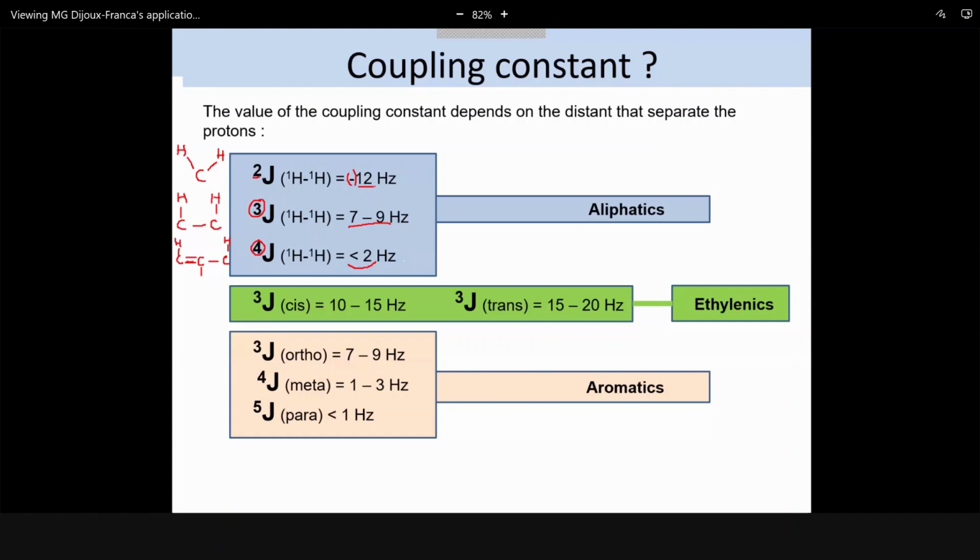Okay. In an ethylenic molecule, you have two cases because you have two stereochemistries in a double bond. You can have a double bond in trans configuration or in cis configuration.